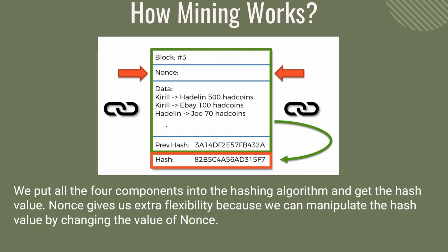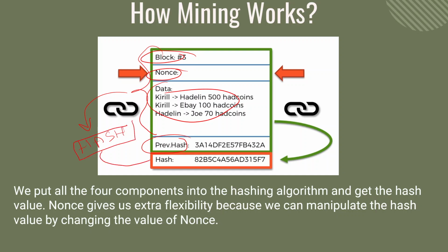So what actually happens is that the block number, the value of nonce, data, and the previous hash, all these four fields are fed to the hash function. And these four values generate a hash value, and this hash value is set as the hash of that particular block.